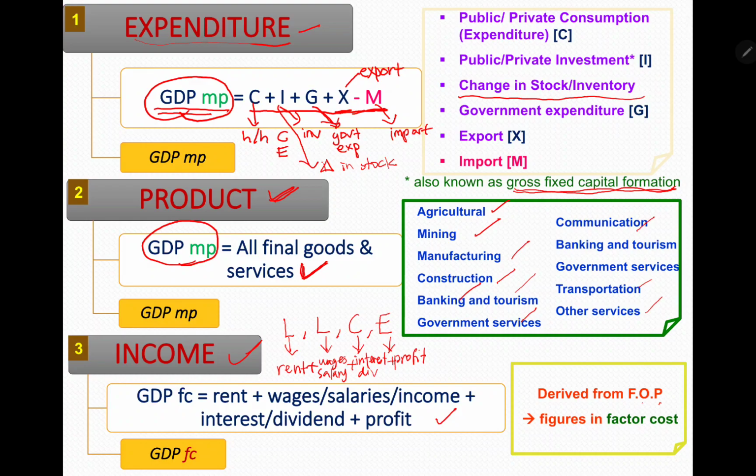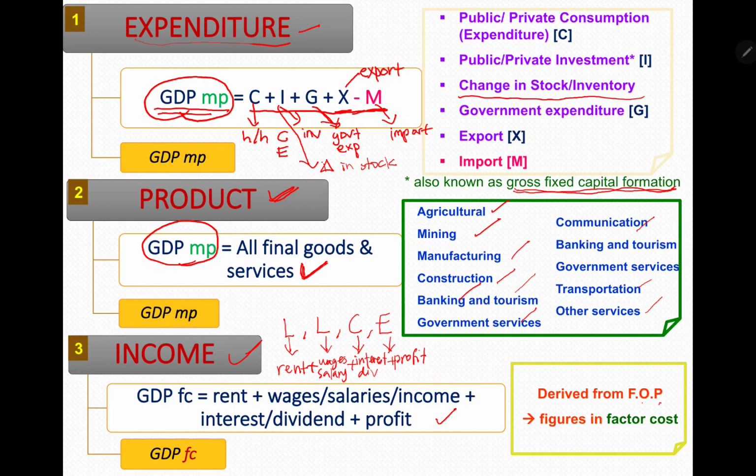You measure all, and it will represent the GDP at market price, but based on the product approach. While for the income approach, you take the return to the 4 factors of production, and when you add everything, it will represent your national income based on the income approach. And one special thing about the income approach is the value will already be in factor cost.